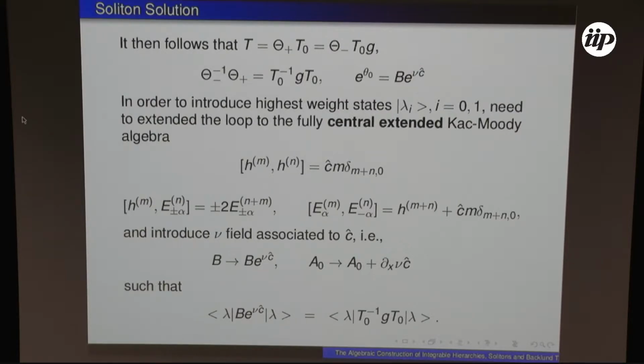And T0 is what we have already determined before in terms of the vacuum solution. We have to remind you that T0 contains explicit space-time dependence. So this is a very interesting equation, especially for physicists.